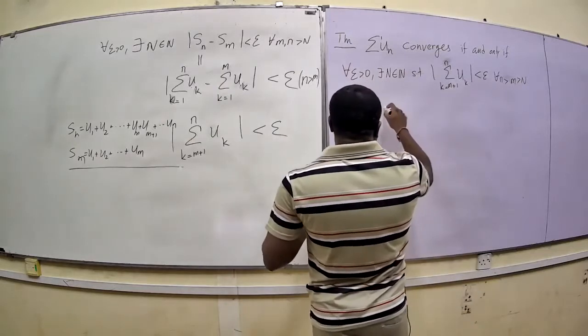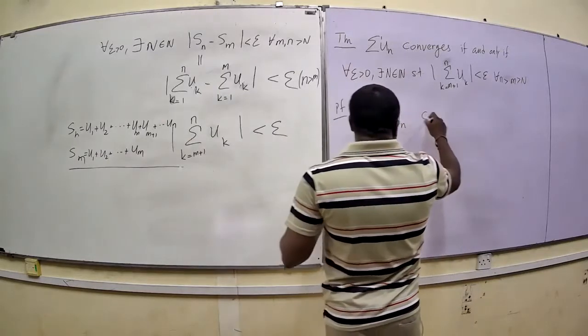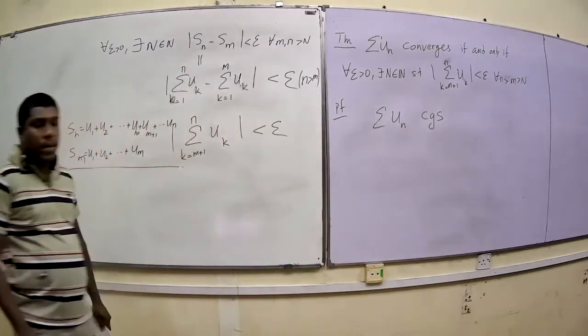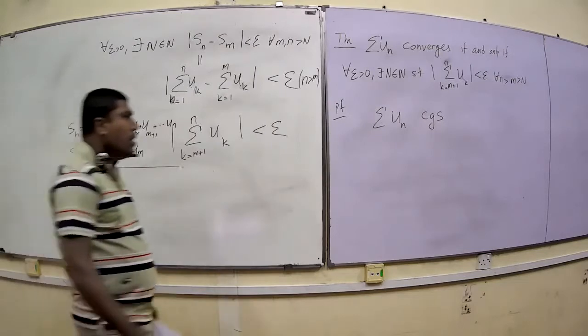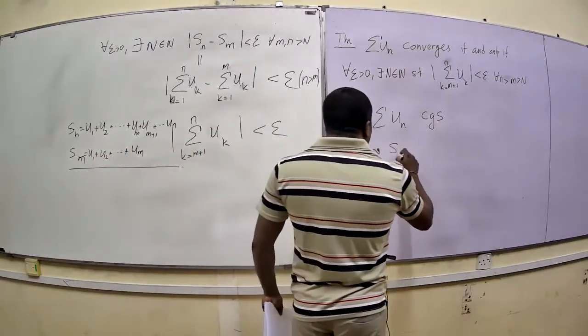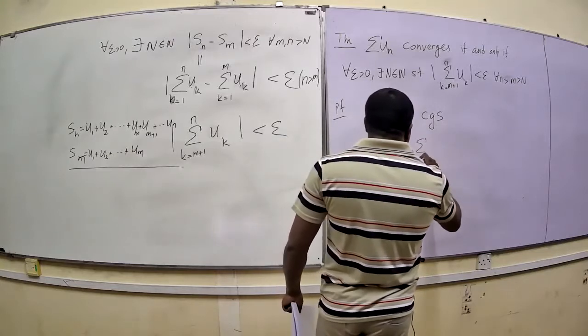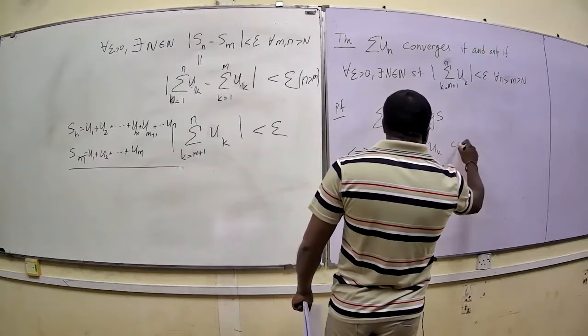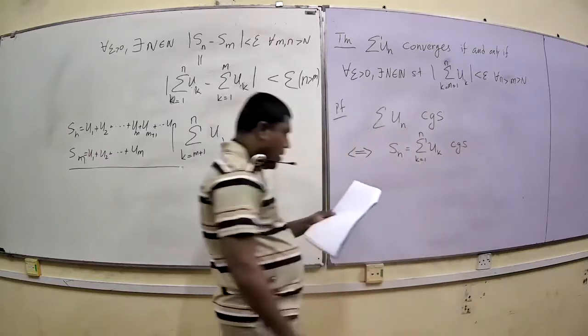So you assume that the summation of u_n converges. If this converges, this is if and only if S_n equal to the summation of k equal to 1 to n of u_k converges.